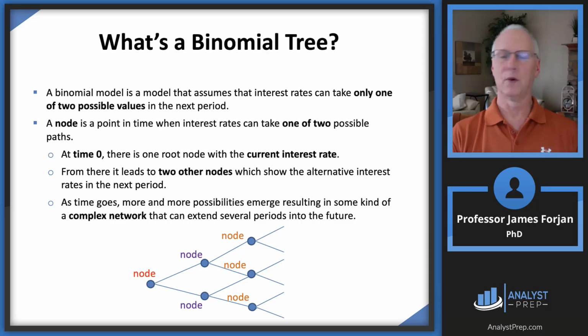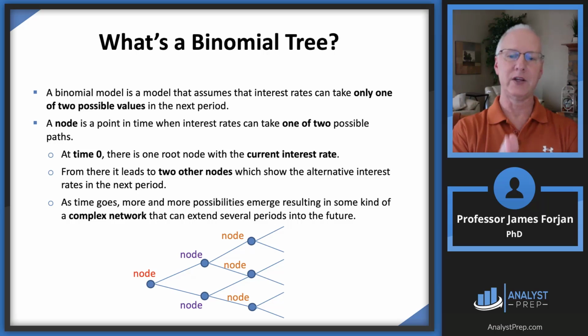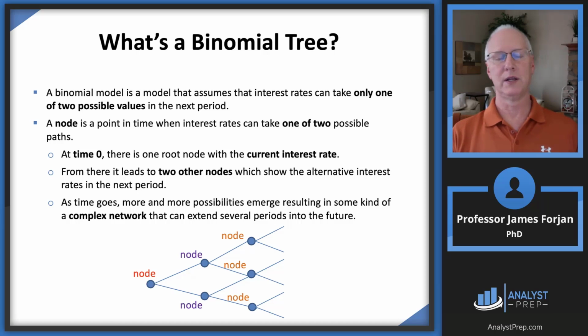And if we assume that those par values are in increments of $1,000, then we know that we're going to get $1,000 regardless of which path we take. Now, of course, this is not guaranteed unless it's a treasury security, and so we'll try to deal with risk as we move through this slide deck. But we still know that that promised cash flow is $1,000 at maturity, and then we can work back at each of those particular nodes in between today's date and the maturity date of the bond.